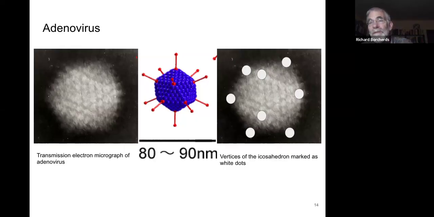So on the right, I've put white spots at all the 12 vertices, and if you look carefully, you can just about see some equilateral triangular faces. The picture in the middle gives a diagram which makes it a little bit easier to see the symmetry. You can see it's built out of proteins that are almost spheres that cleverly fit together in this way.